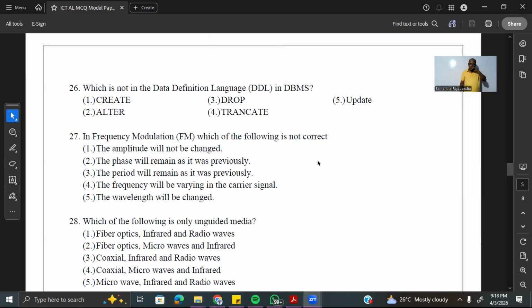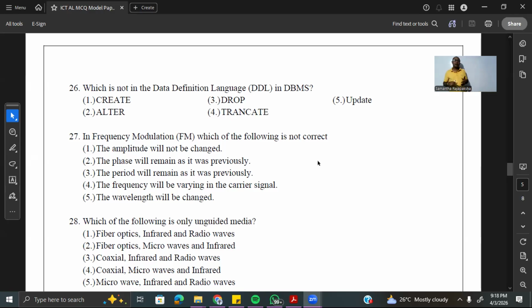Then the next question is frequency modulation. Which of the following is not correct? Now we know that there are three modulations: frequency modulation, amplitude modulation, and the phase modulation.